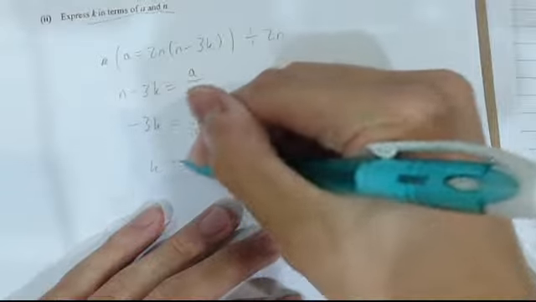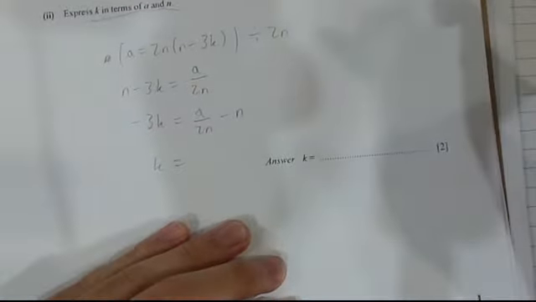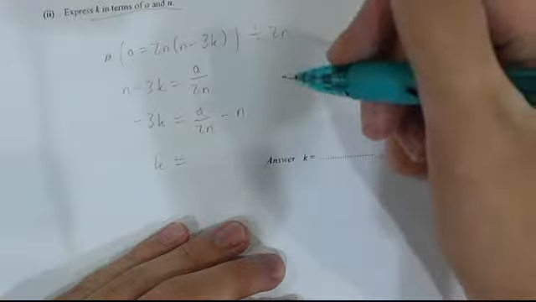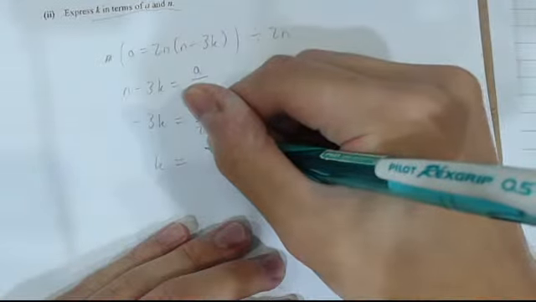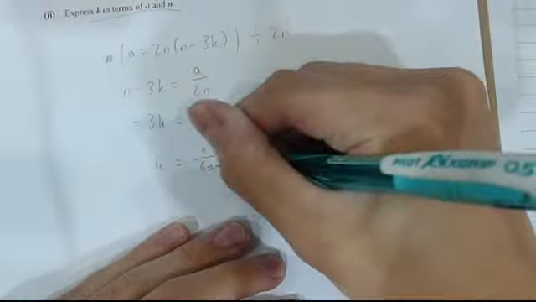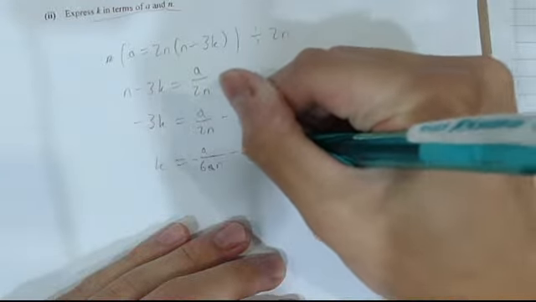And finally, k is negative a over 6n, sorry, minus n over 3.